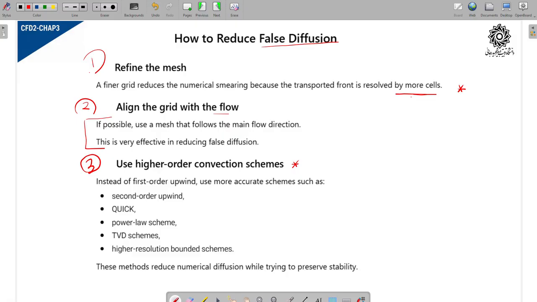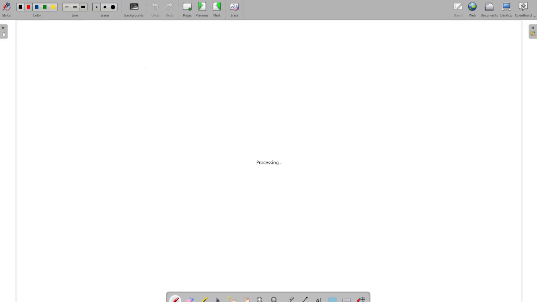Therefore, we must analyze the grid independency, and use high order convection schemes such as second order upwind, QUICK, Pawello, TVD, high resolution bounded schemes for reducing the false diffusion.